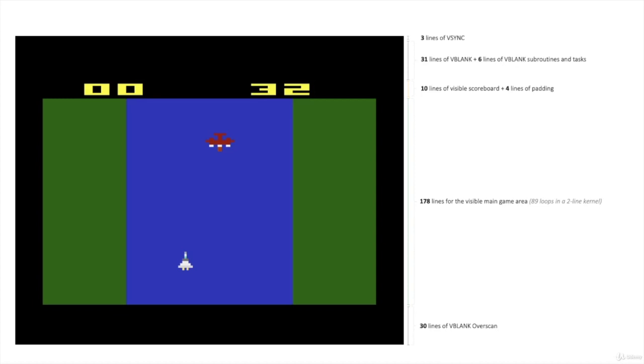So I thought it would be important for us to stop, zoom in, analyze each one of these areas of our frame, and understand how many scan lines are needed in each one of the areas, how many lines are used for the scoreboard, how many lines are used for the visible game. And of course, I'm going to make this image available in the resources so you can download, analyze, and really understand what's going on in each one of these areas of our frame. So there we go. A quick analysis of the scan lines that we are using for our game.